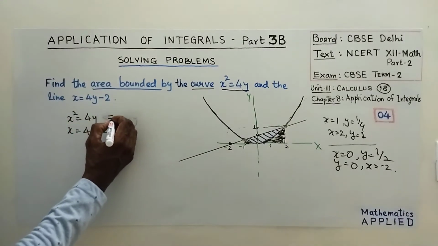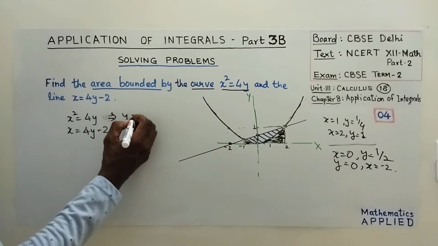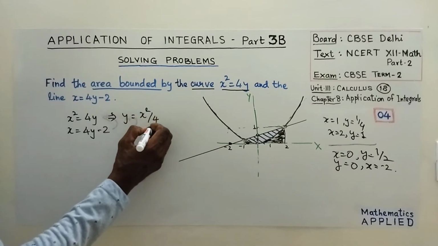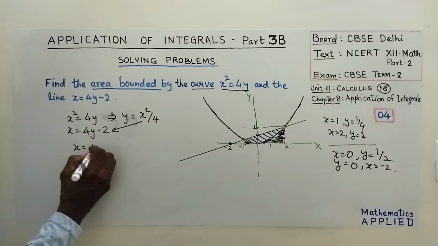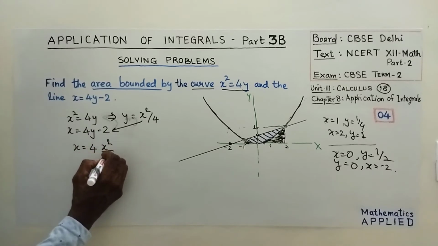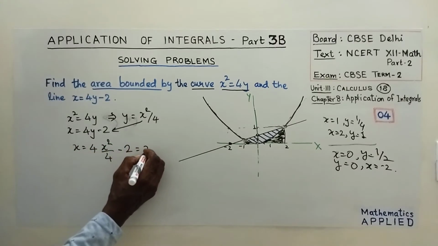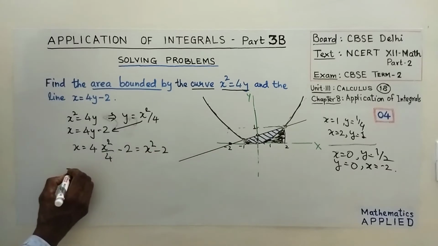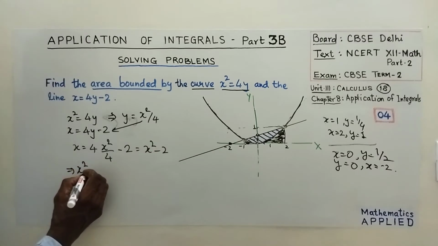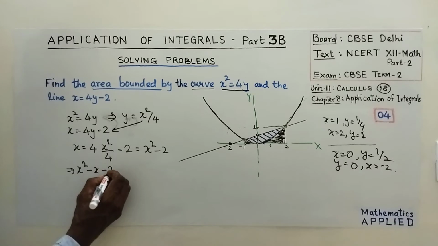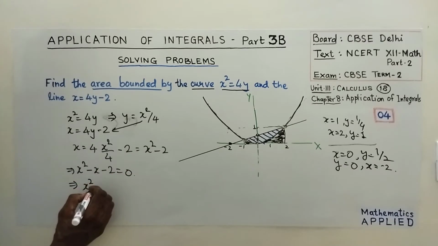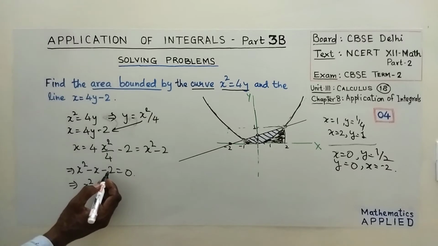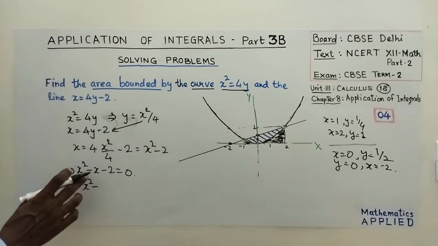From this equation I will write y equals x square by 4, and I will substitute that here. So I get x equals 4 into x square by 4 minus 2, which is x square minus 2. So I have x square minus x minus 2 equals 0, which is x square minus, this is minus 2, so minus 2 into plus 1 will give me minus 1.